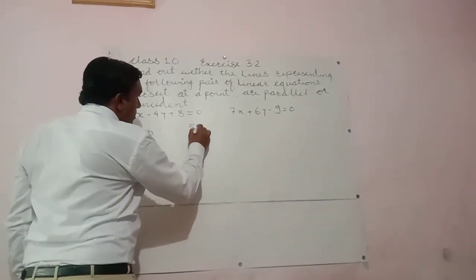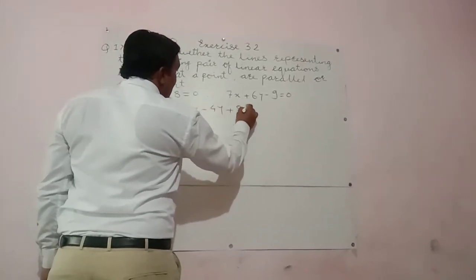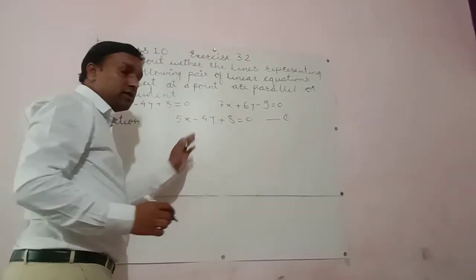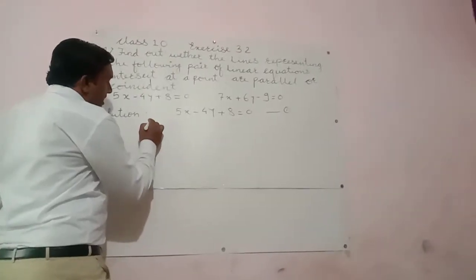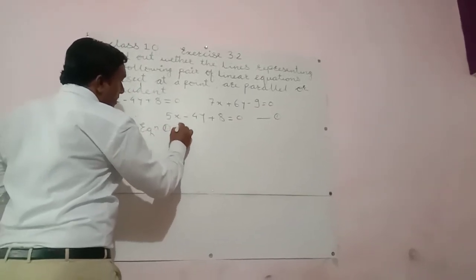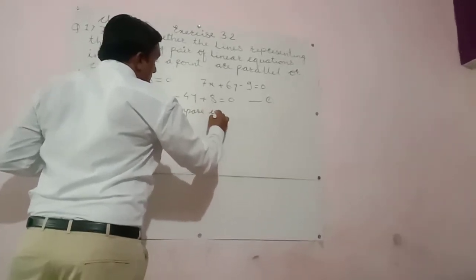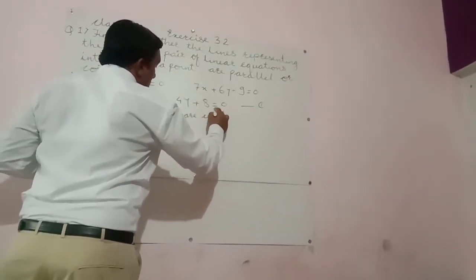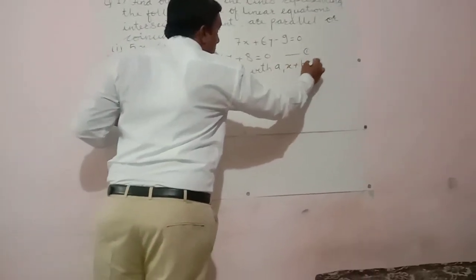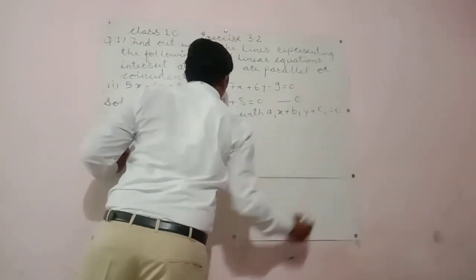5x minus 4y plus 8 equal to 0. It is our first equation. Now equation 1 compare with a1x plus b1y plus c1 equal to 0.